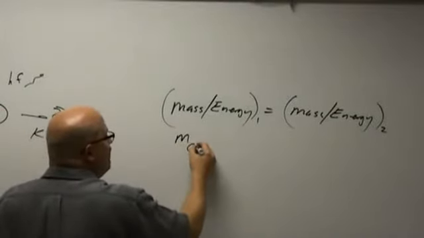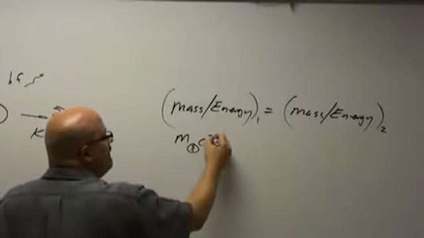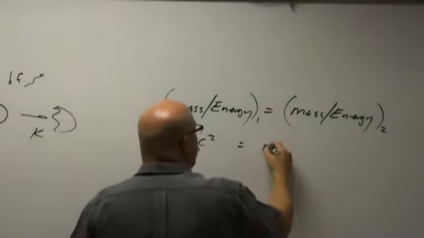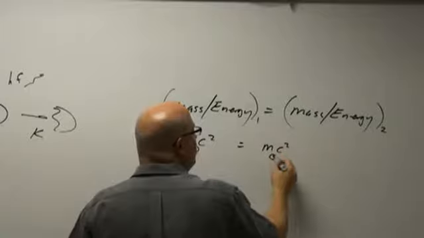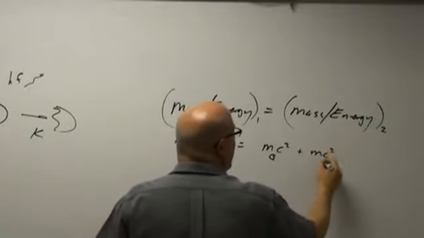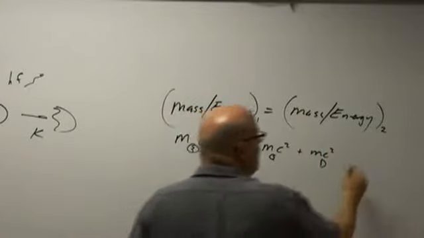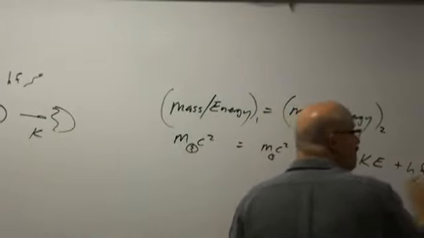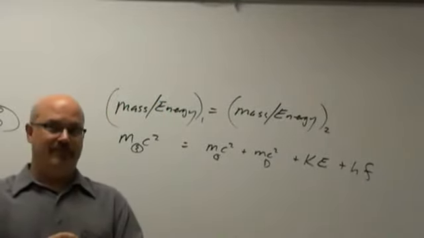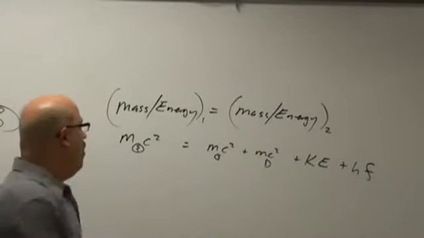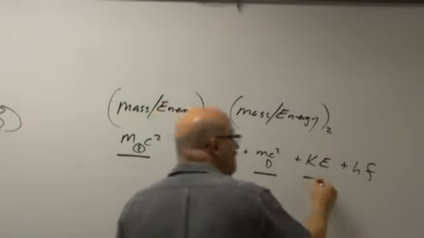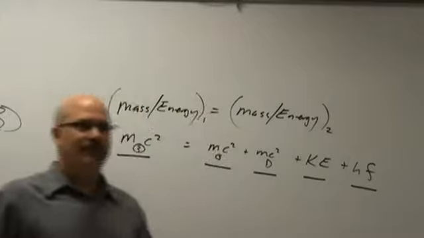The mass of my original object times c squared. How much energy do I end with? An mc squared energy for this part, plus an mc squared energy for the other half, plus the kinetic energy they have, plus the energy of my photons. So, mass energy before equals mass energy plus kinetic energy plus photon energy.